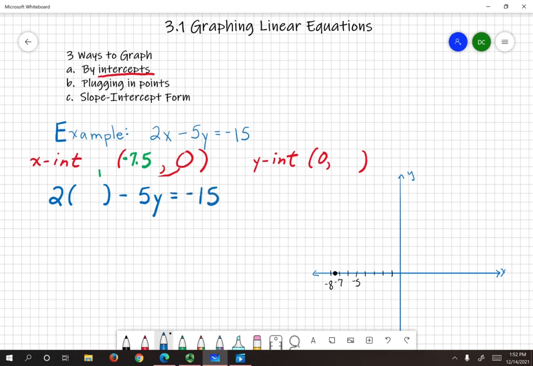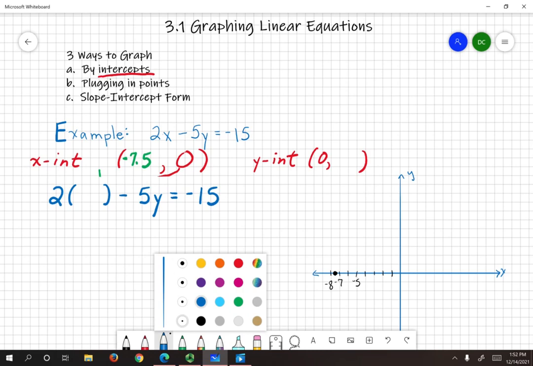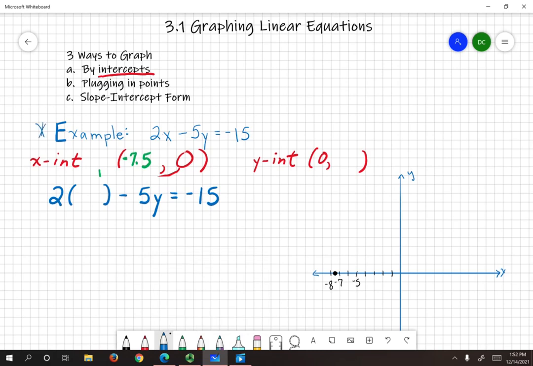Notice that this equation is just like the equation above it in our example, except where there's an x, I left a little blanky blank. What am I going to put in the blanky blank? This 0 from here. And if I do that and solve, 2 times 0 is 0. So what I get is negative 5y equals negative 15. I'm going to divide both sides by negative 5.